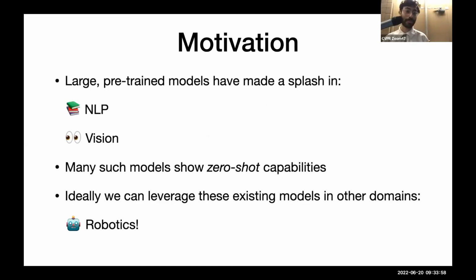If we look at the backdrop of what's happening in NLP and in vision, there are these large pre-trained models that are really making a splash, and they're doing all sorts of cool things. Most notably, they're doing them zero shot in a lot of cases, or at least this is a very new line of study.